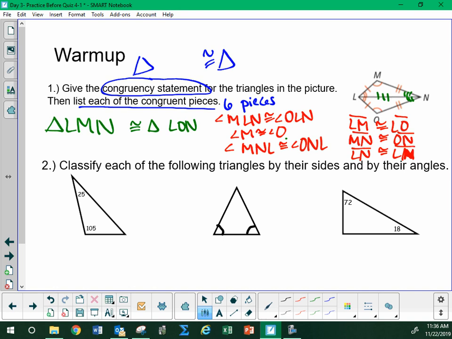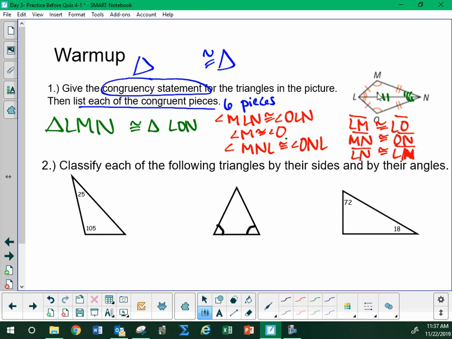Make sure of proper notation: we have angles congruent, segments congruent. But these are the congruent pieces. We've got 6 pieces. Questions on that first? This was the bare basics of congruency before we learned our shortcuts.